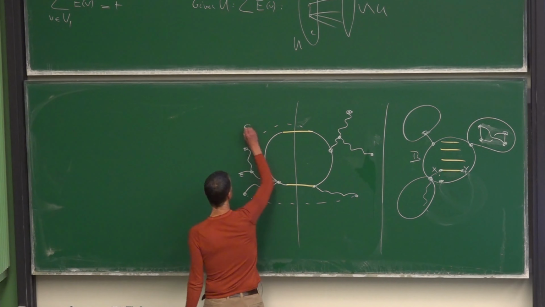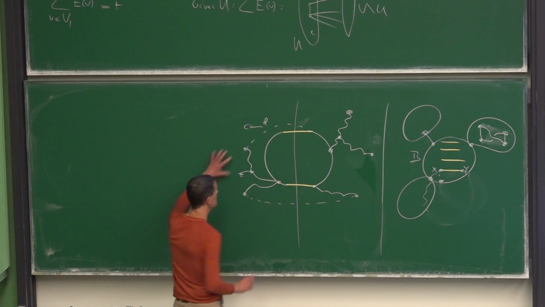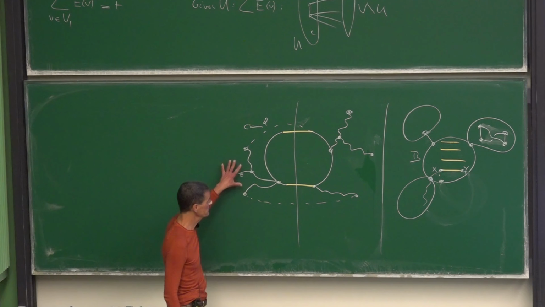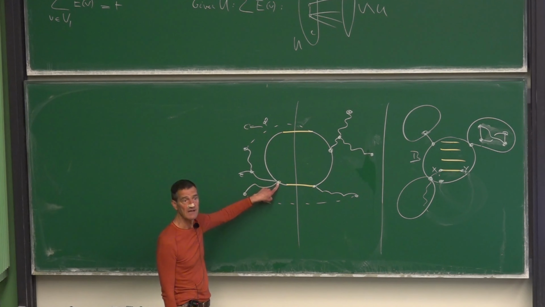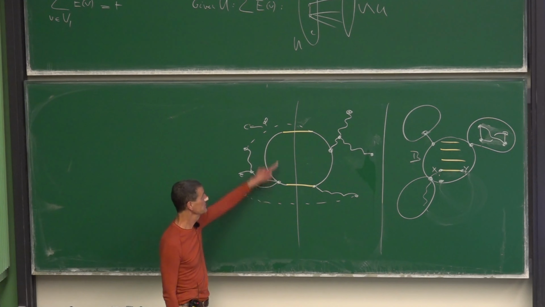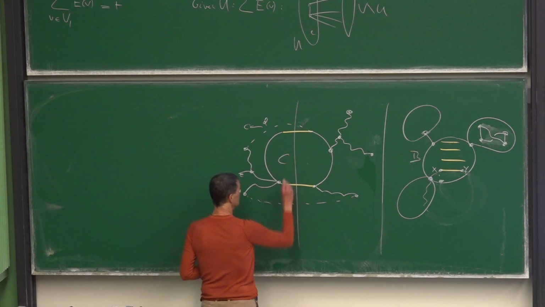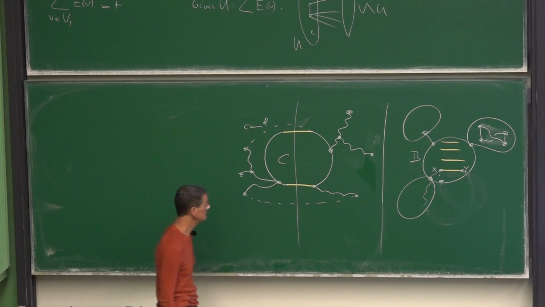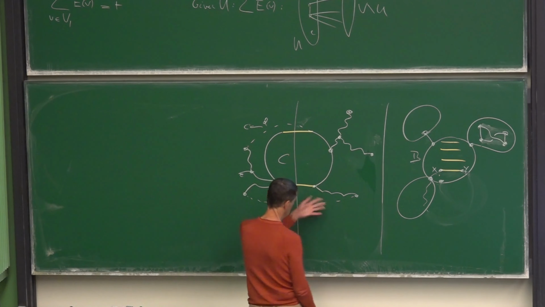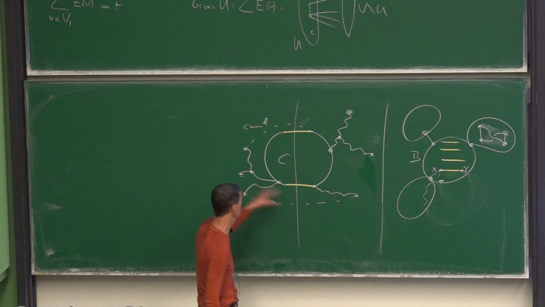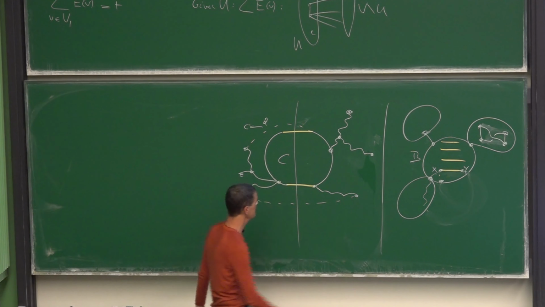So this is connected because, by definition, it consists of all the vertices of G that have a path to the left half of this cycle C that avoids the yellow edges. It doesn't matter, they're just edges, so have a path to the left side.